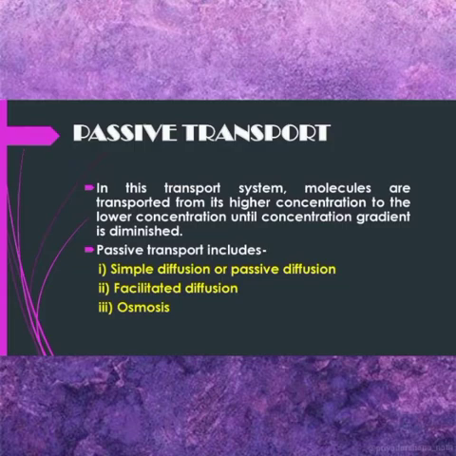Molecules or ions will spread or diffuse from where they are more concentrated to where they are less concentrated until they are equally distributed in that space. Three common types of passive transport include simple diffusion, facilitated diffusion, and osmosis.